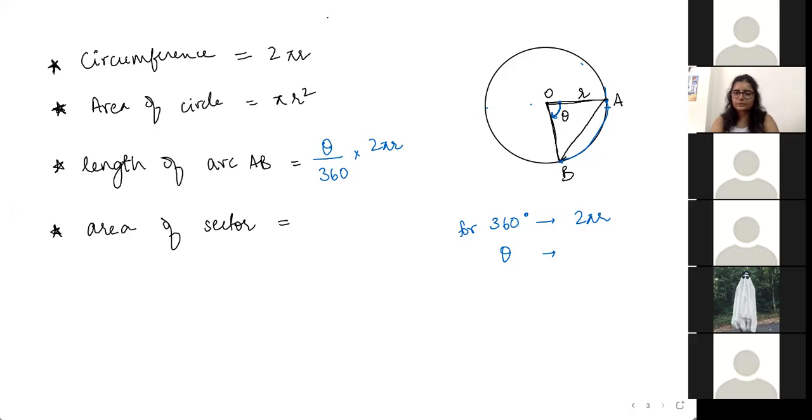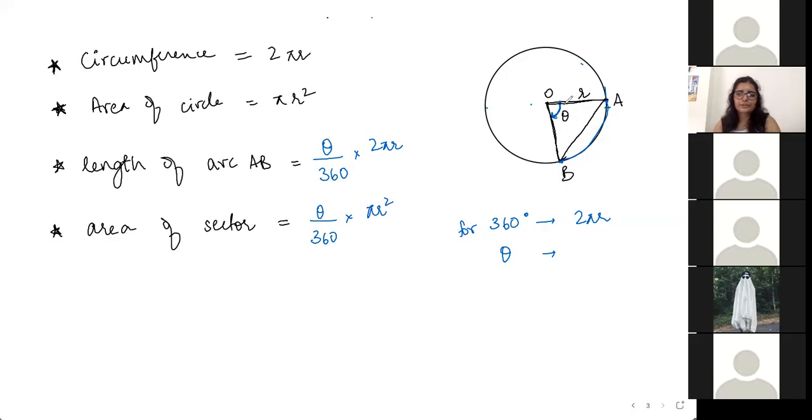Theta upon 360 into pi r square. Absolutely. That's what is going to be the area. So this is going to be equal to theta upon 360 into pi r square.